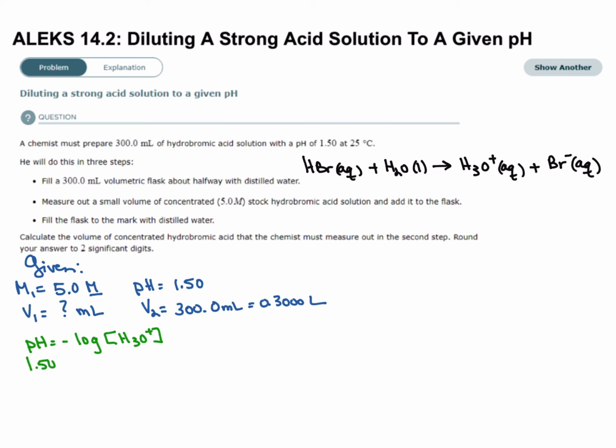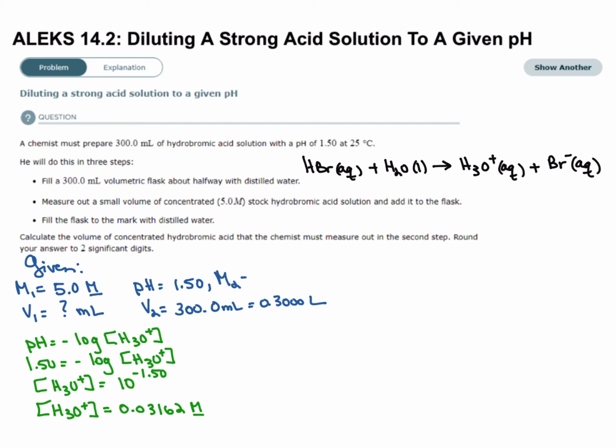I have the pH, so I can solve for H3O plus, which equals 10 to the power of negative 1.5. All right, so I just figured out the new concentration of this new solution. So I'm going to go ahead and put that into my given table.